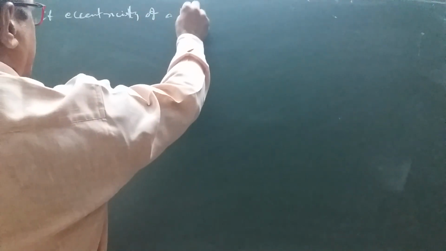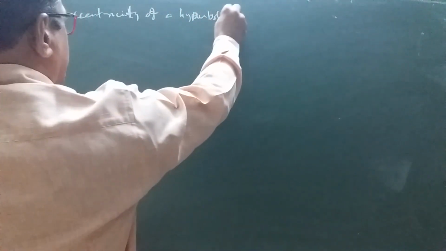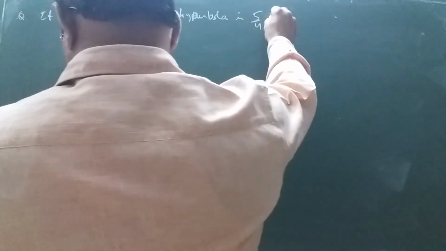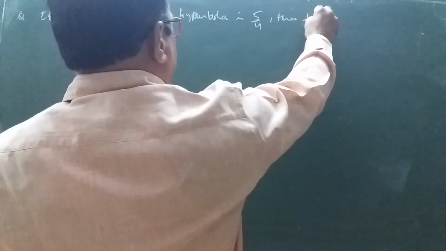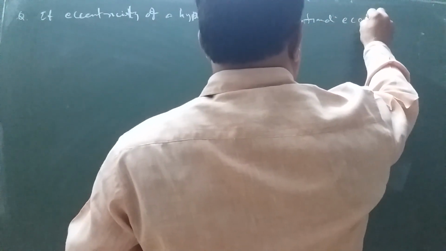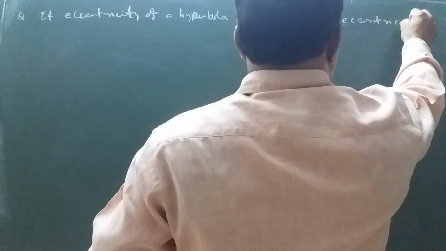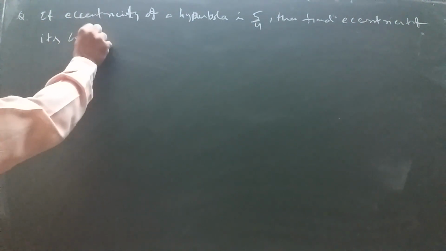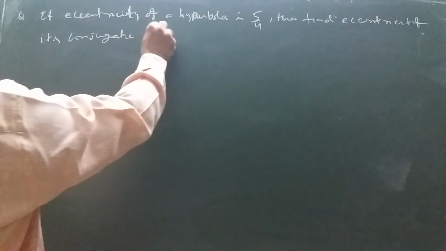If eccentricity of a hyperbola is 5 by 4, then find eccentricity of its conjugate hyperbola.